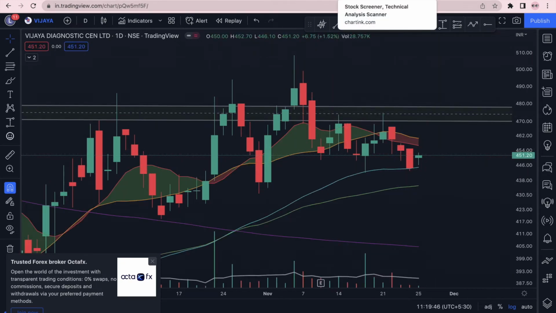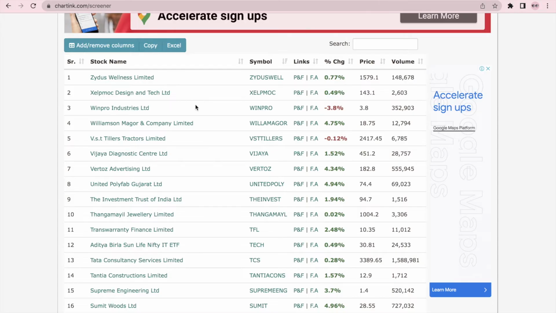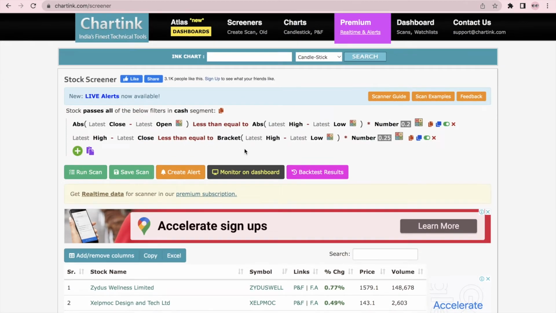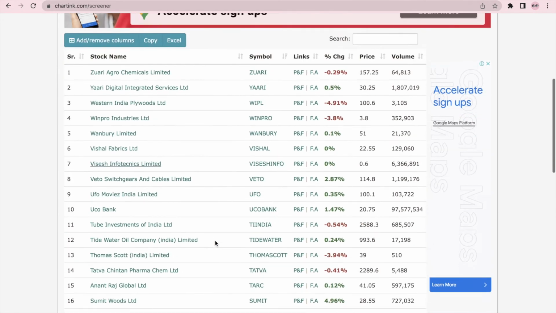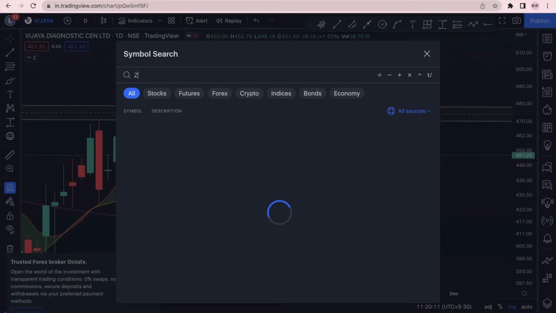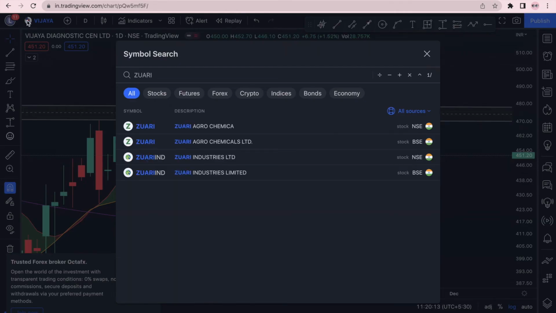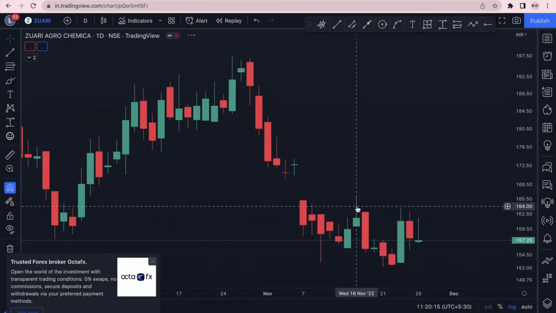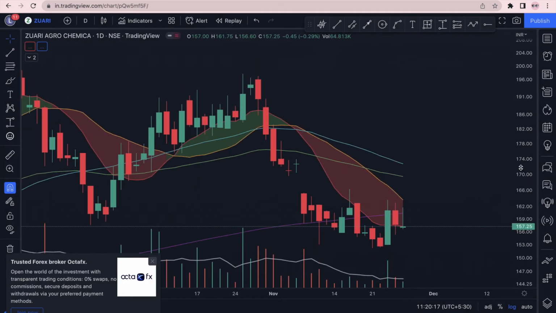Now to make this a shooting star or a bearish pin bar, what you need to do here is say greater than, and in this case you have to put the number 75. Okay, so you see Jubilant Chemicals, it's a bearish pin bar, right?